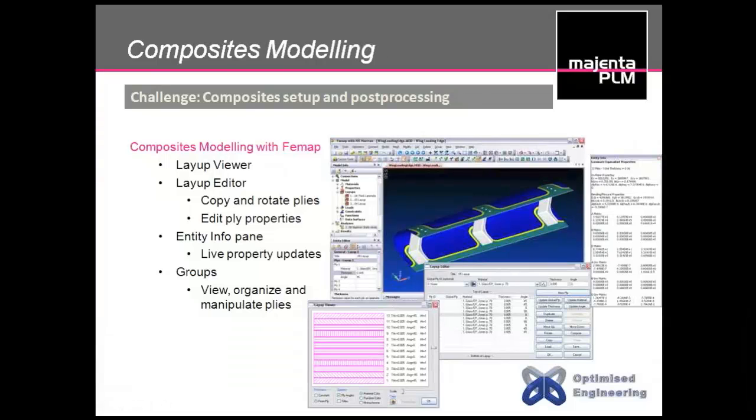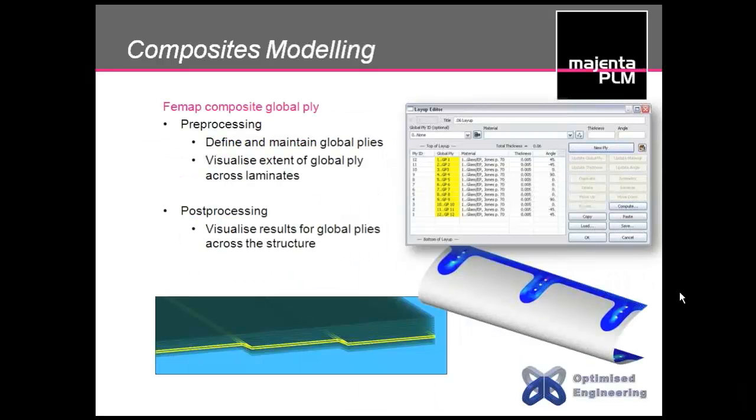We've got a very powerful composite modeler in Femap, where you can define layups and ply directions, etc. There's a really powerful layup editor that enables you to define all the ply orientations and thicknesses, and that reads across into the post-processing when it comes to analyzing the results and looking at what's going on on a layer-by-layer basis.